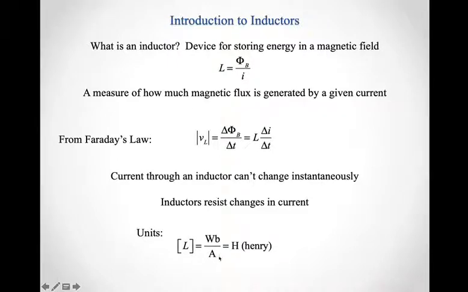And again, this happens often enough that it's been relabeled as the Henry. So Henrys are SI units for inductance. And again, we will tend to see relatively small values. So you'll tend to run into values of Henrys that are less than 1 and often significantly less than 1.